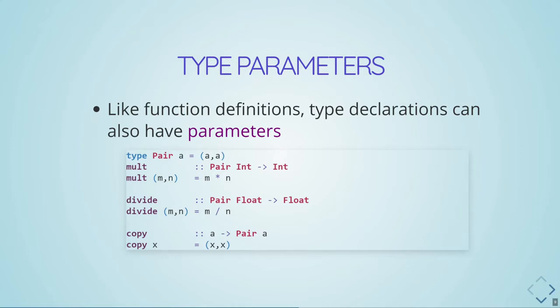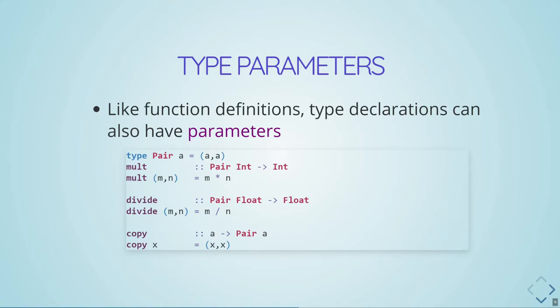And it doesn't have to be called a. I could have easily written the same thing with type Pair b equals the tuple of b comma b, or type Pair anything, as long as there's a lowercase letter. And in this way, I can have a Pair type that I then provide a specific type when writing a type signature, when actually using it.